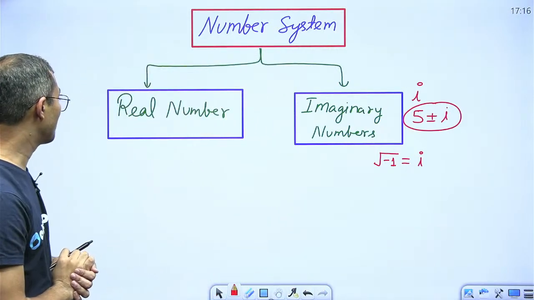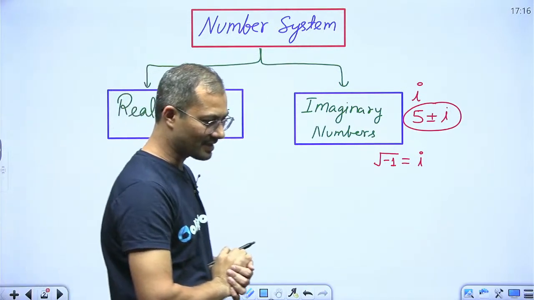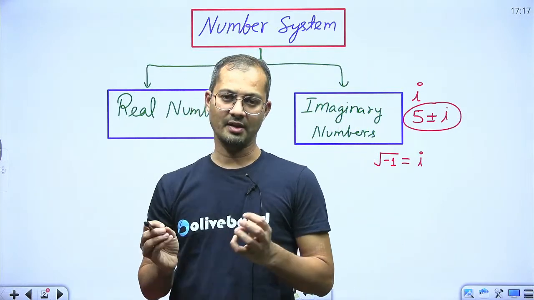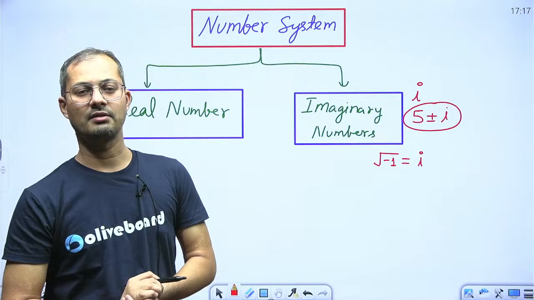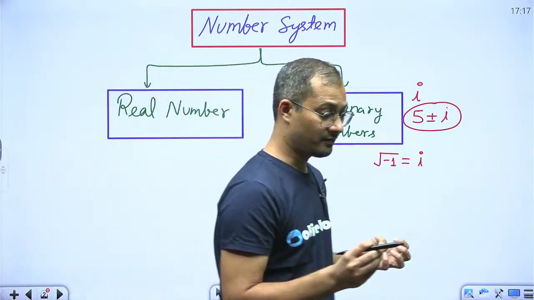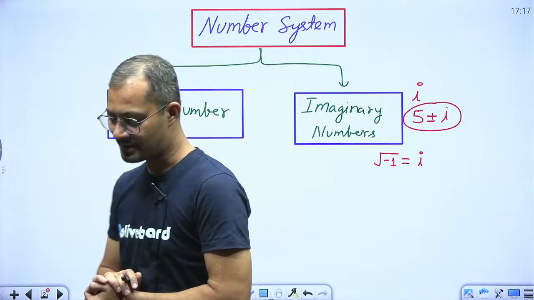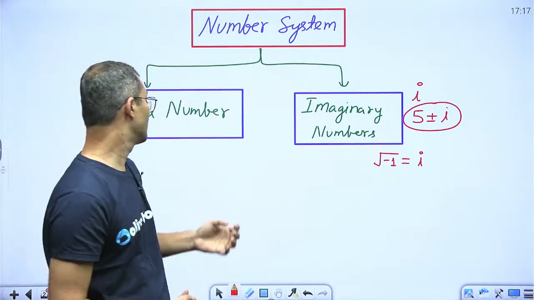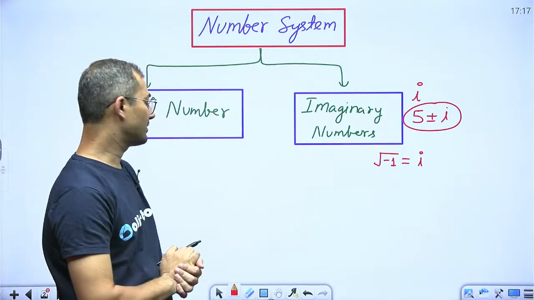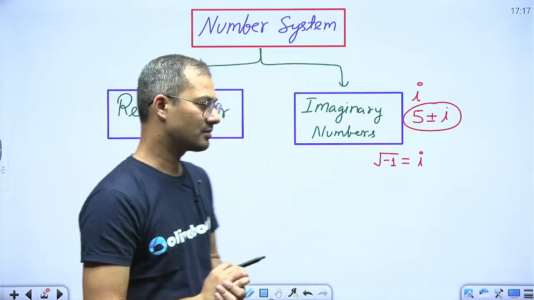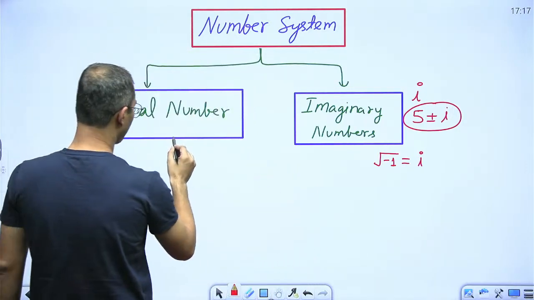So what are the real numbers? Real numbers include rational numbers and irrational numbers.